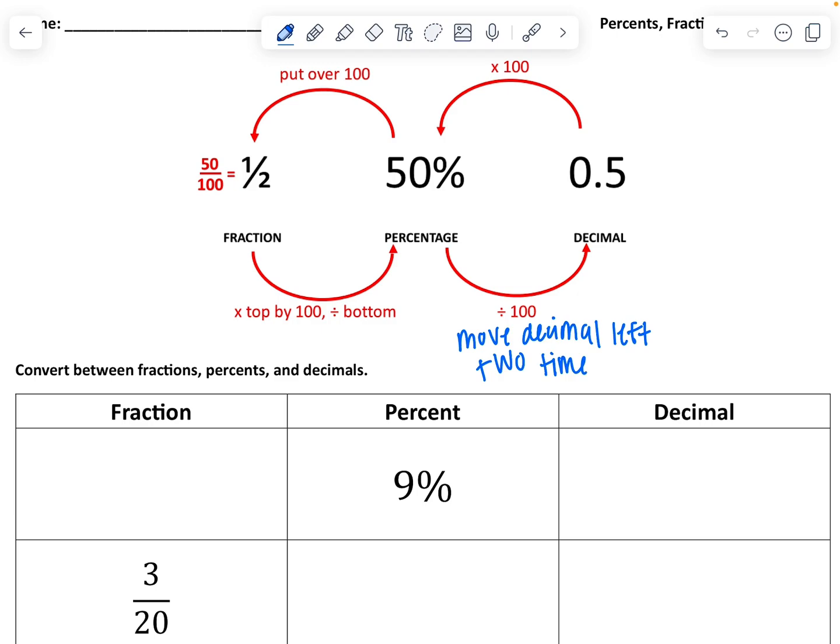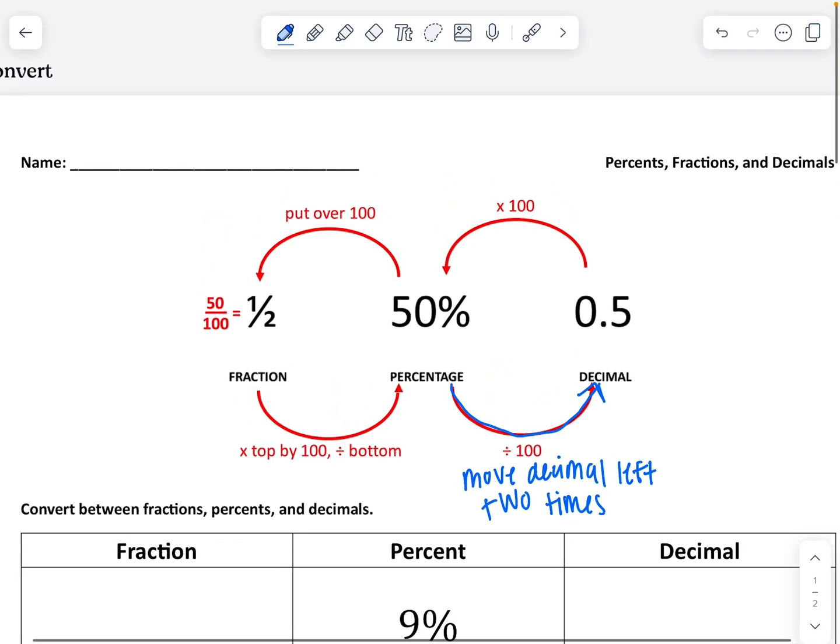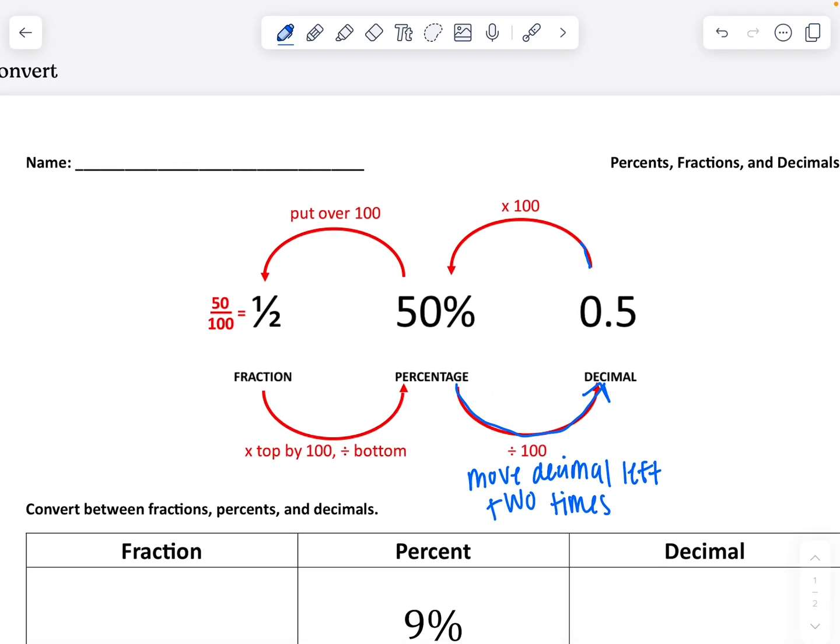Okay, so this tells you exactly how to get from a percent to a decimal if you need to. And up here, if we're going from a decimal to a percent, it says multiply by 100, which is the same as moving your decimal right 2 times.